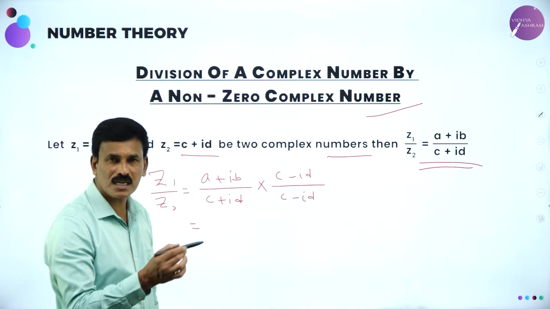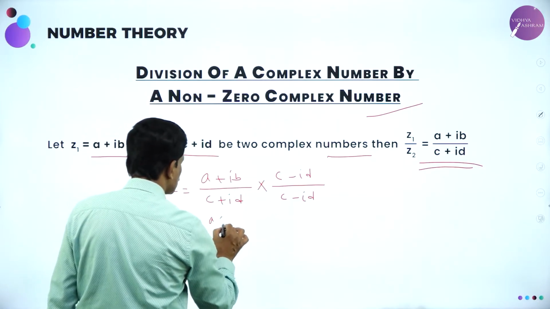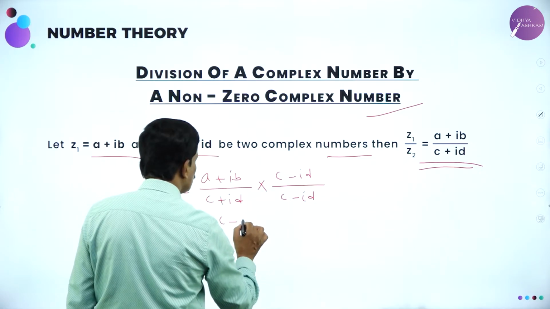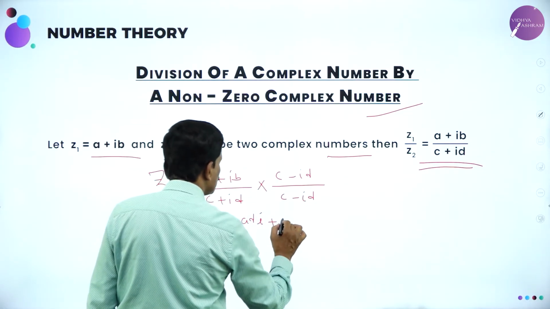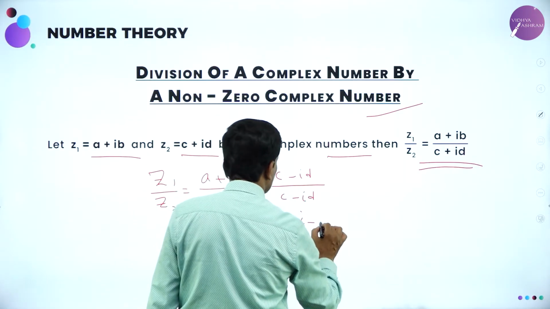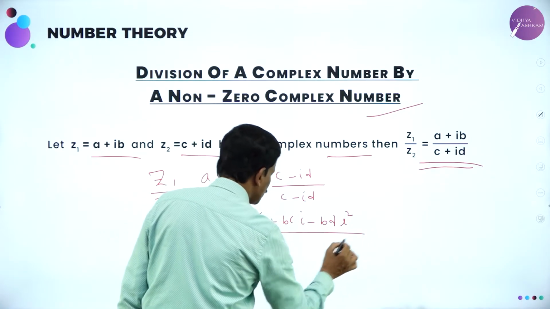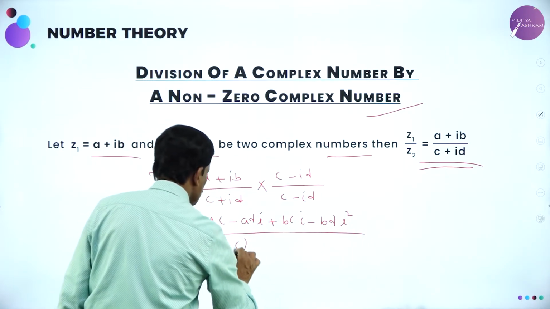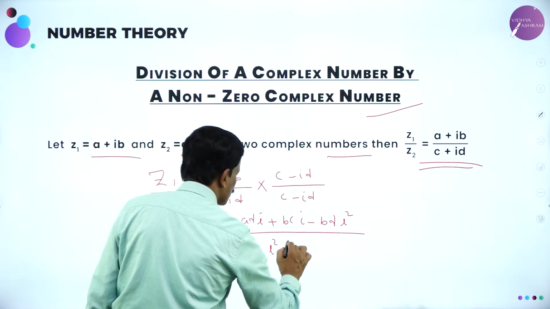Now, just as in the previous multiplication of complex numbers, a into c is ac, minus a into d into i, plus b into c, bc into i, and minus b d into i square, divided by, in the denominator, c into c is c square, plus d into minus d, minus i square d square.